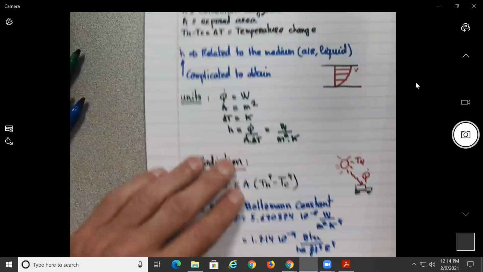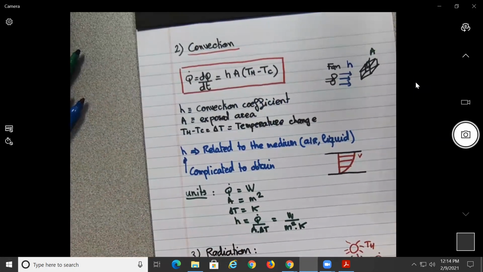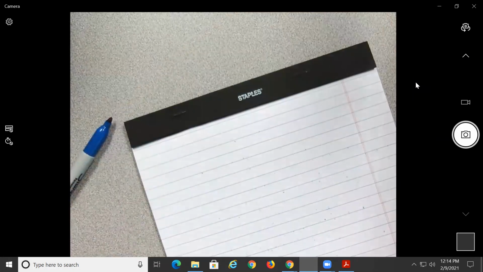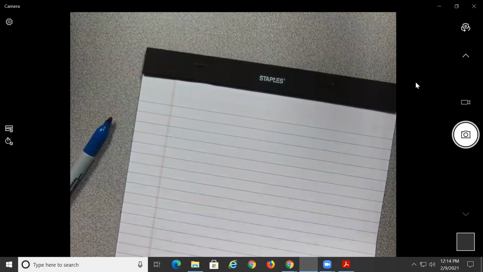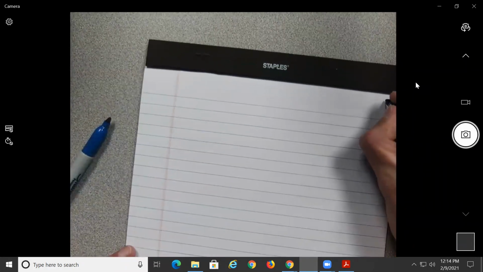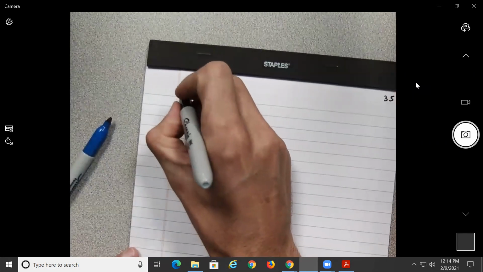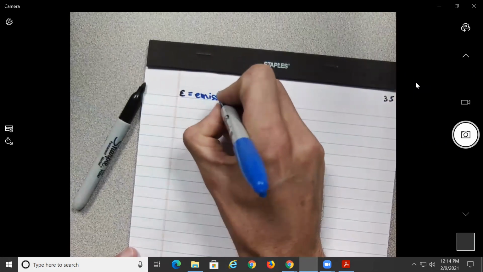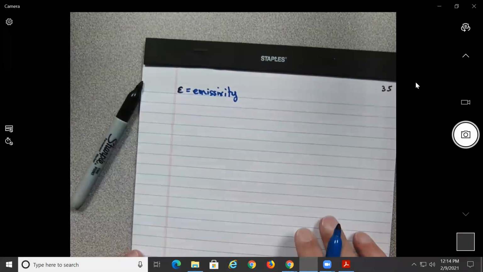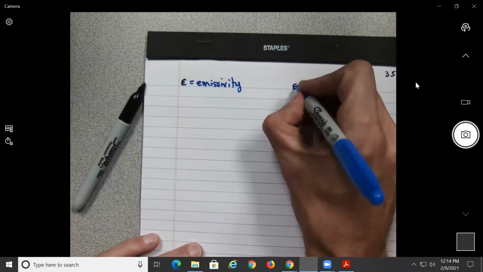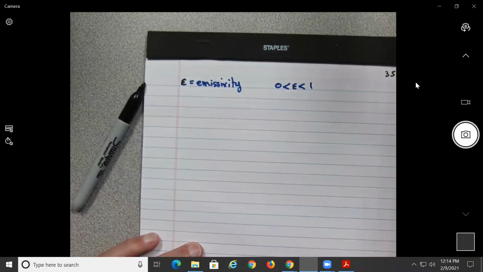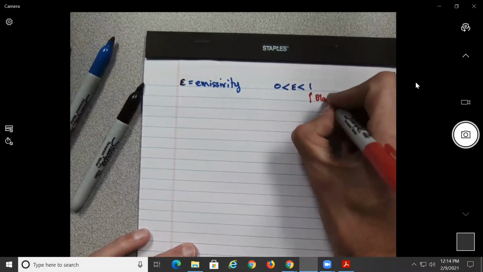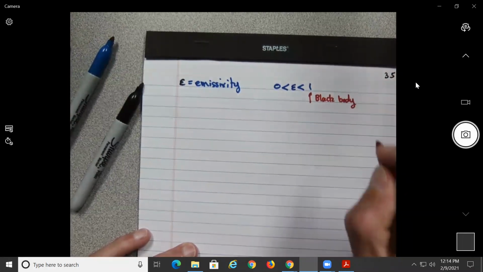So in this case, epsilon is the emissivity, okay? And the emissivity will always be between 0 and 1. One would be what is known as the black body.